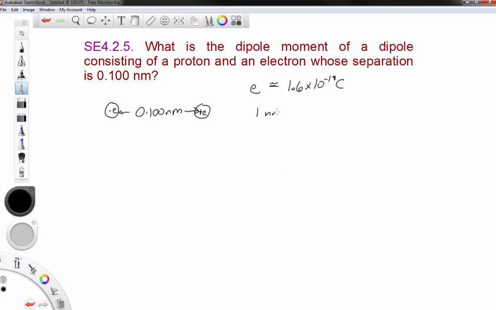Recall that 1 nanometer is 1 times 10 to the minus 9 meters. So the dipole moment P is going to be given by 1.6 times 10 to the minus 19 coulombs times 1 times 10 to the minus 10 meters. And so this looks like 1.6 times 10 to the minus 29 coulomb meters.